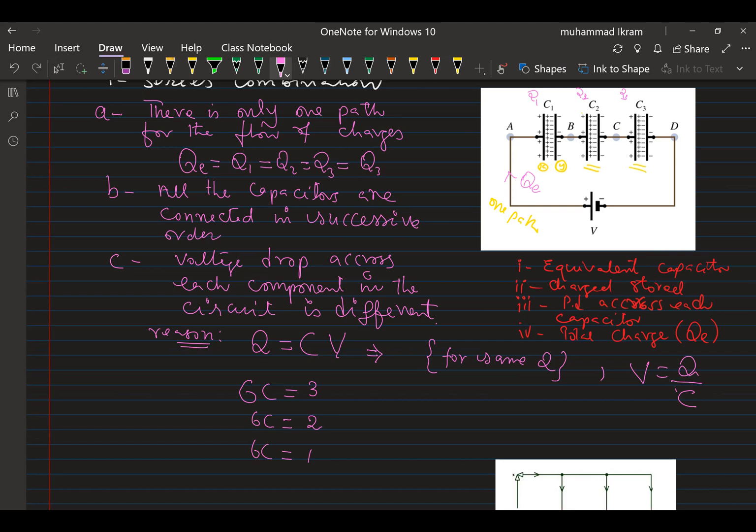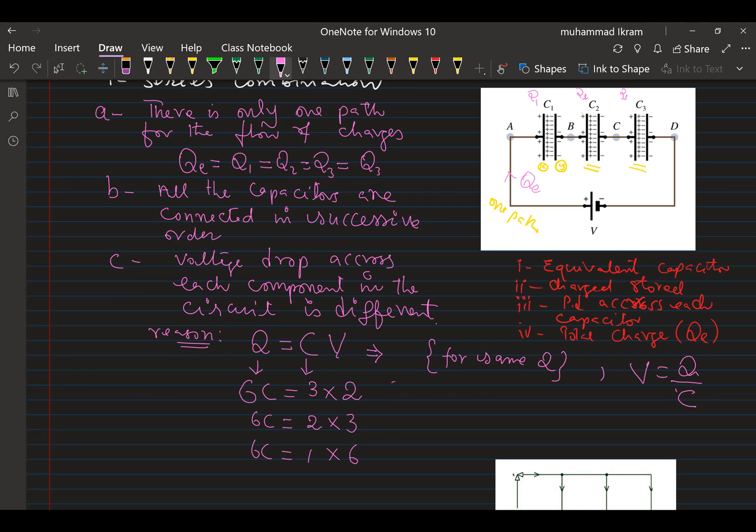Why? Because the battery can only supply 6 coulomb of charge, and the charge stored by each capacitor is the same. So if this is your Q and this is your C, what will be the potential drop? The potential across capacitor C1 will be 2 volt, then 3 volt, and definitely 6 volt.